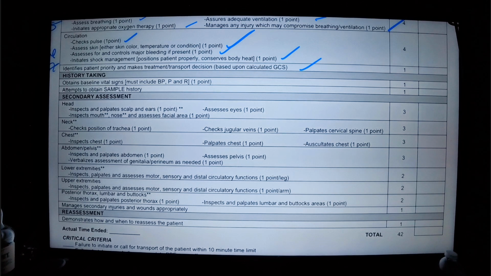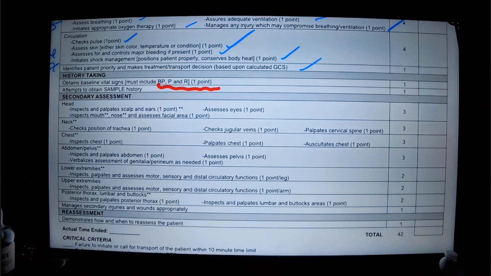So now we've done this, right? We check this off. This is where we do our history taking, and we obtain our vital signs. This is the one I used in school and the one I would use to teach students who rode out with me in the field, and employees I precepted.